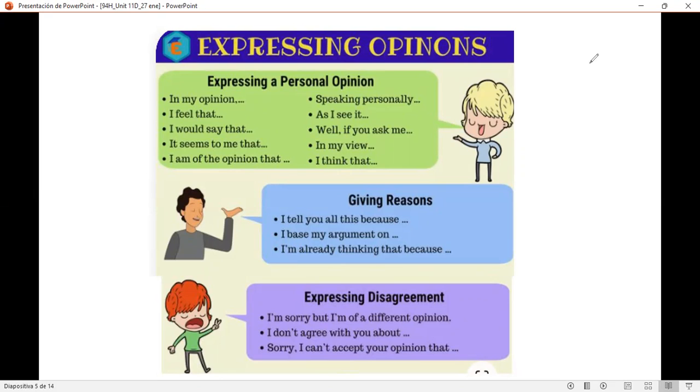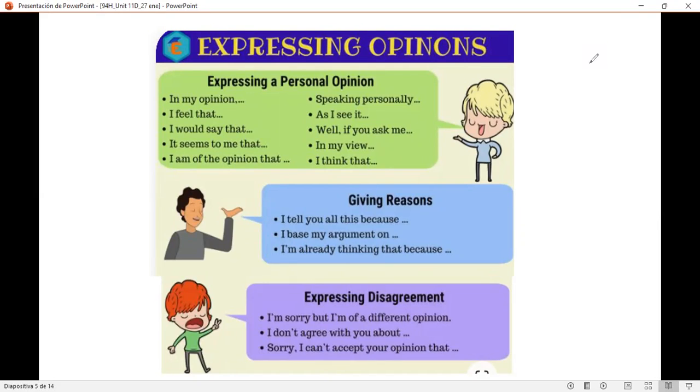So when you want to give your opinion, podemos ocupar ciertas frases. Ustedes ya me dieron algunas que reconocimos en el libro. In my opinion, in my view, right?